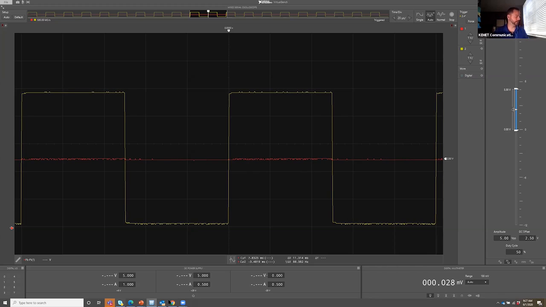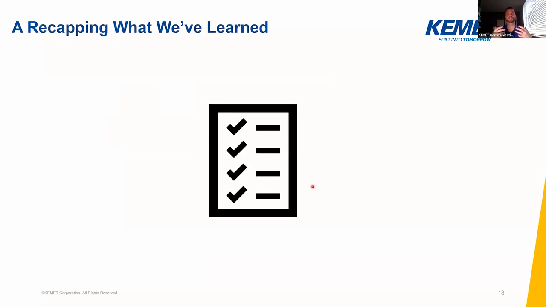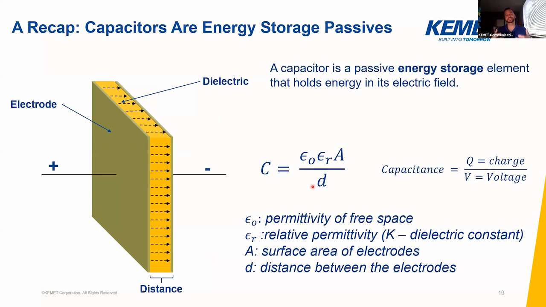So let's go back to our presentation. Okay, so let's do a quick recap here, of the things that we've covered in this particular webinar. Number one is capacitors are energy storage passive components. And it depends on the relative permittivity of your dielectric material, the surface area of your electrode plates, and the separation between those electrodes.